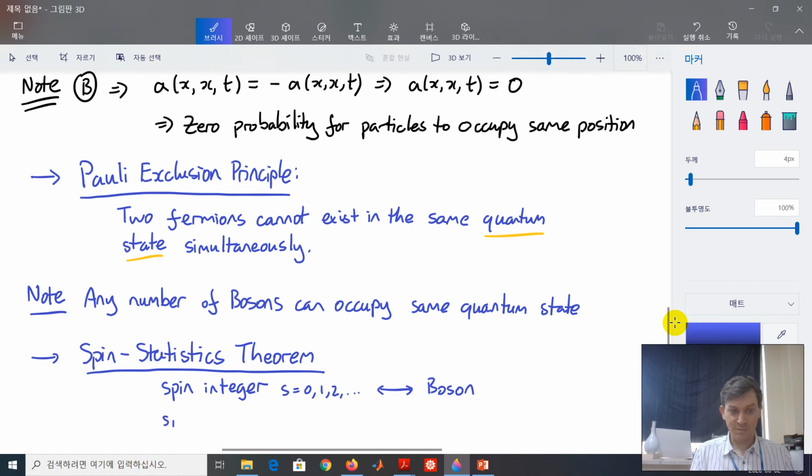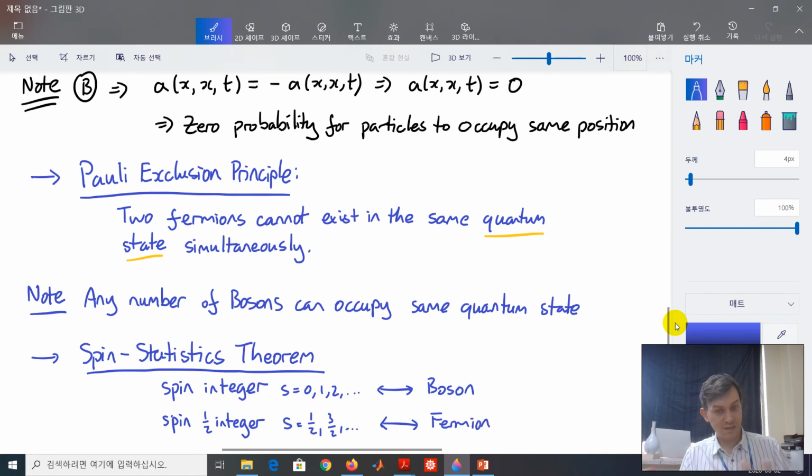And if the spin is a half integer, so s is 1/2 or 3/2 and so on, then the particle must be a fermion. The proof of this fact is difficult, and I can't prove it to you now, but using the full theory of quantum mechanics, you can prove that this must be the case. So there's a relationship between the spin of the particles and whether they are bosons or fermions.